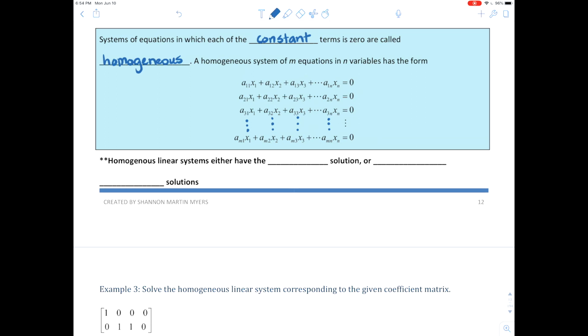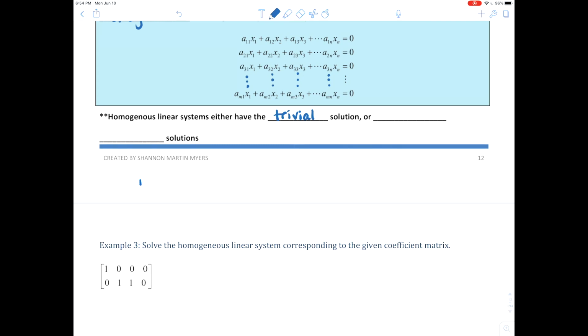So it turns out that homogeneous linear systems either have the trivial solution, which is x1 equals 0, x2 equals 0, x3 equals 0, etc. Let me write that down. Basically, it's just an ordered n-tuple at the origin.